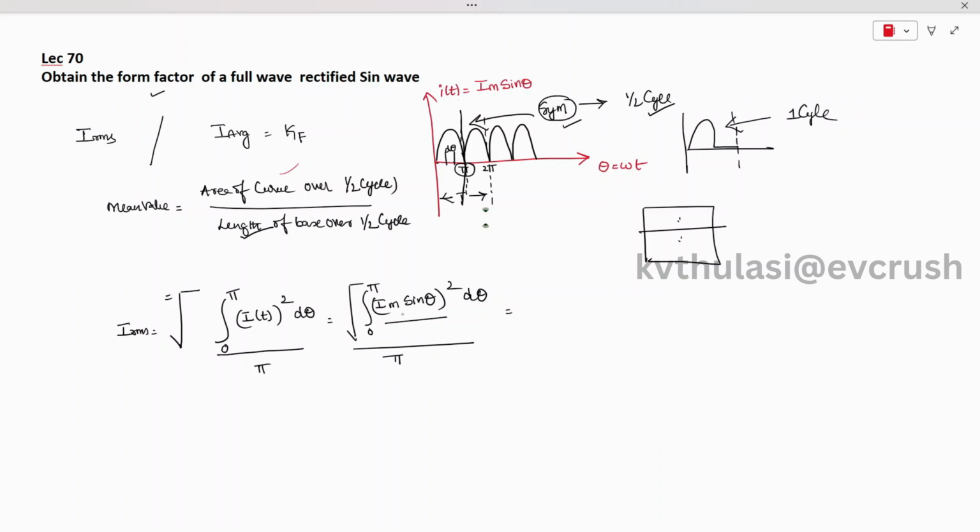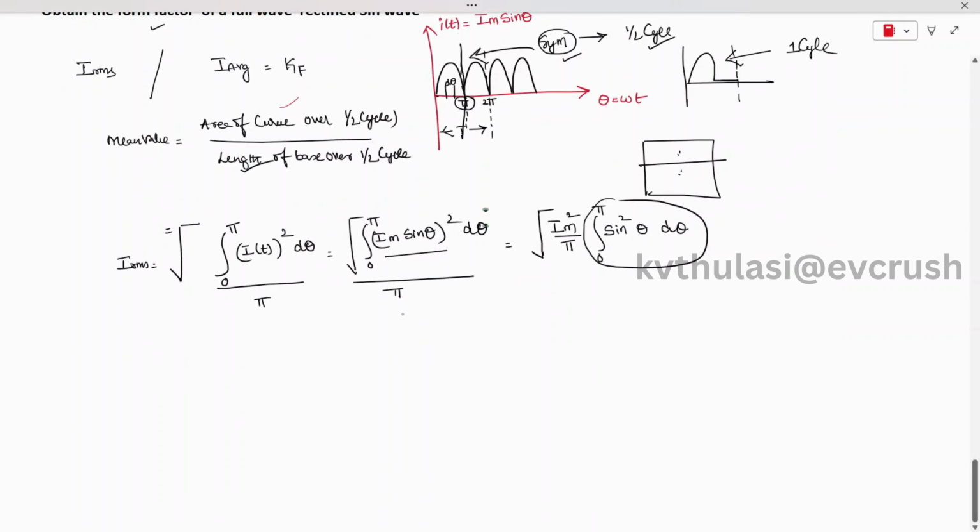Now let us try to find the root. Let's keep it separately and separate the magnitude of Im divided by pi. Therefore here you are going to have Im square into sine square theta into d theta, integral varying from 0 to pi. Let's find it separately, where the answer becomes simplified.